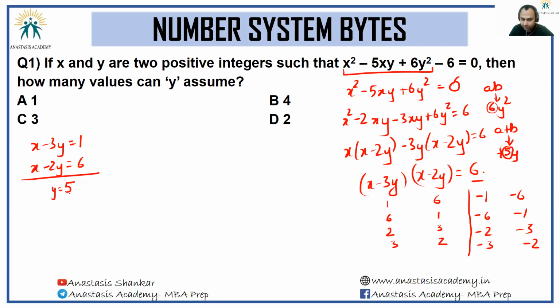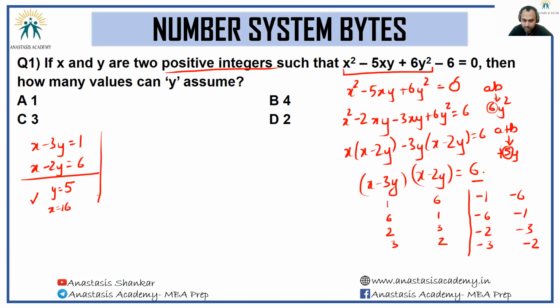When y is equal to 5, how much will x turn out to be? x will turn out to be 16. Is this an acceptable case? Most definitely. This is very much an acceptable case because we needed x and y to be two positive integers. So this works.